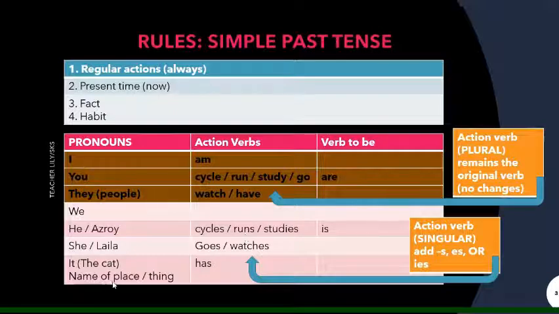And then the name of a place, maybe SK Subang. SK Subang has a beautiful garden, for example. And then verb to be is. You use is with these pronouns: he is, she is, it is, SK Subang is.